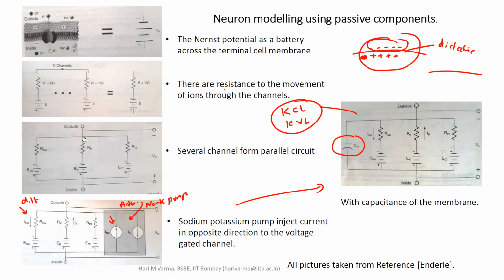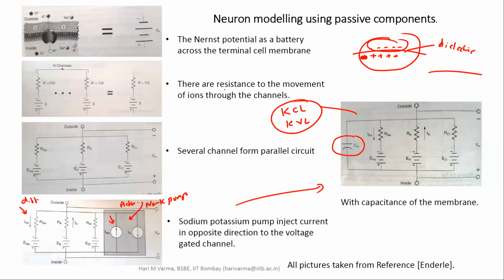And then what you have is a sodium potassium pump. As I told you, the Nernst potential is basically a diffusion process. It will happen only from a higher concentration gradient to a lower concentration gradient, right? But the sodium potassium pump is an active transport. It always happens uphill.